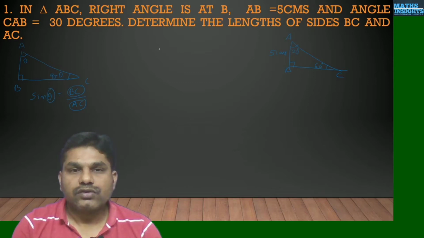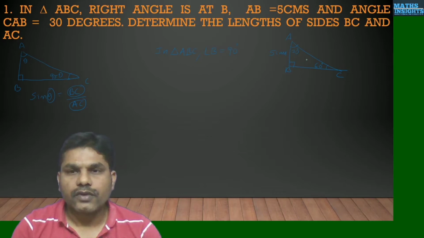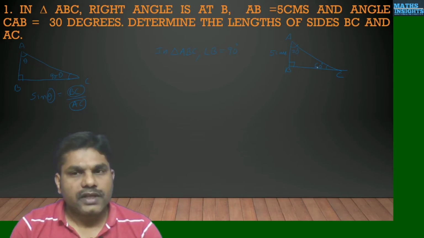tan theta. So in triangle ABC, angle B is equal to 90. They have given that. You may take trigonometric ratios for 30 degrees or 60 degrees, whatever it may be. It is convenient to take 60 degrees.